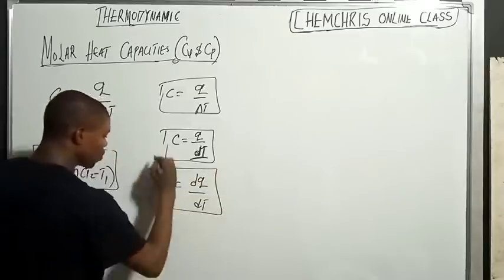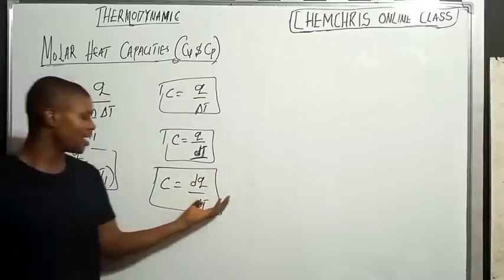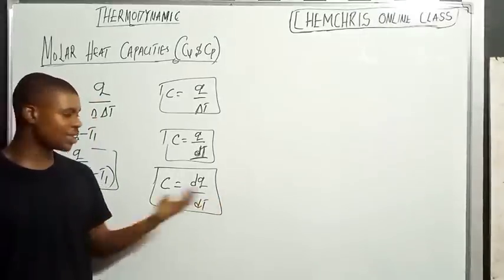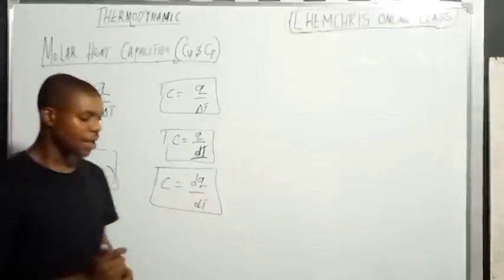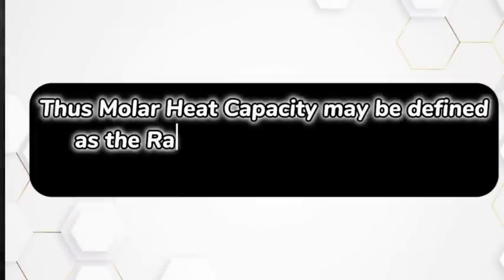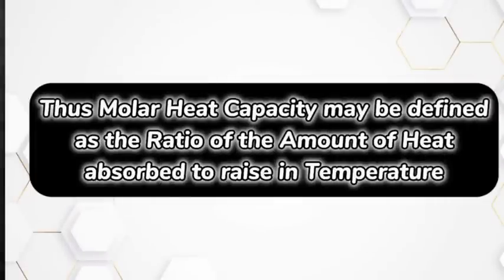So this is the main formula for heat capacity. Do you understand? Thus, molar heat capacity may be defined as the ratio of the amount of heat absorbed to the rise in temperature.